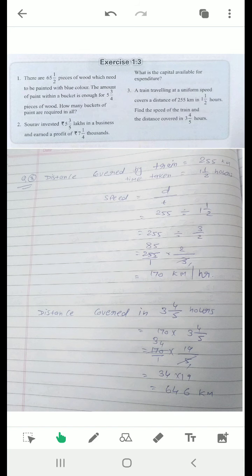So the number of pieces that can be painted from one bucket is 3 upon 4. Then number of buckets required equals 65.5 divided by 3 upon 4. Listen carefully. That will be 65.5 divided by 3 upon 4. And after that you can divide.